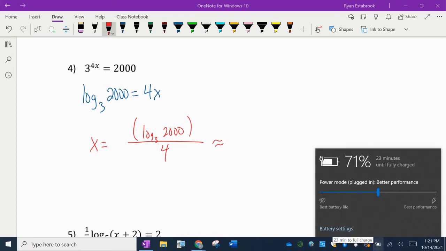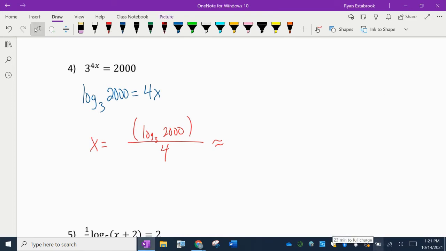I used to have people always round to 2 decimal places, but once I started teaching the AP calculus, they're always rounding to 3. So I think just as a habit and preparation for some of you who might be taking that class next year, round to 3 decimal places. So log base 3 of 2,000 divided by 4.